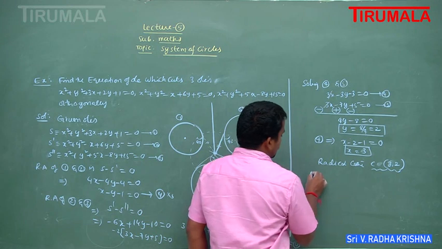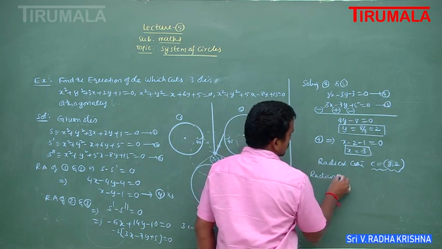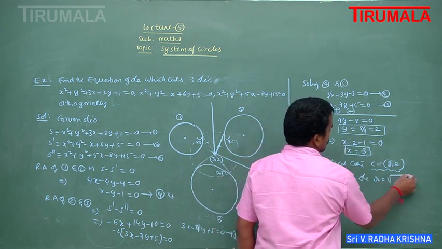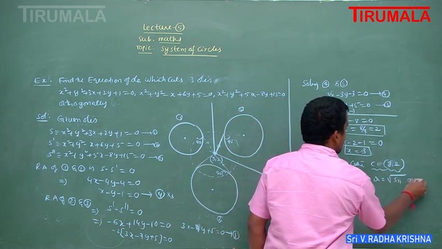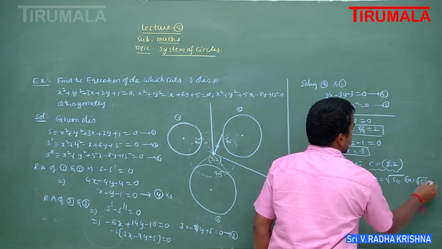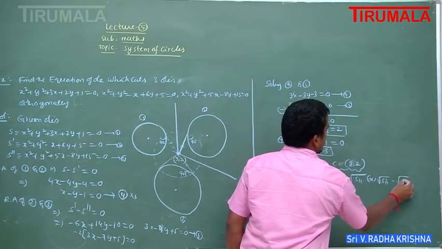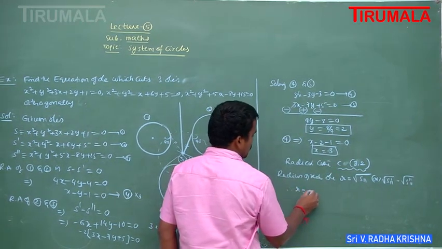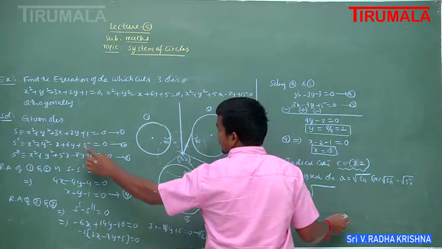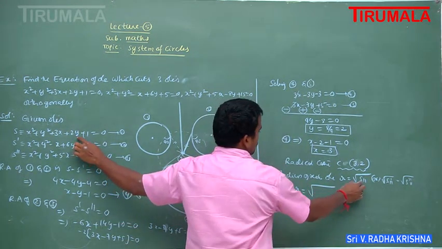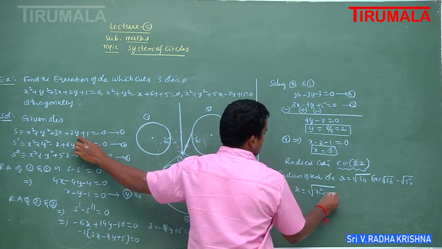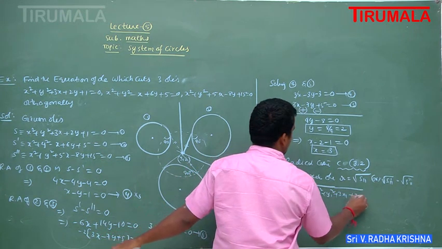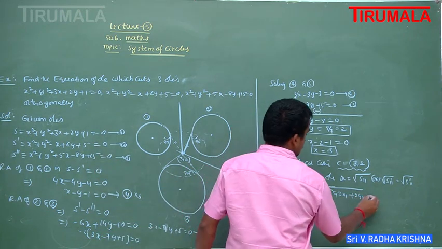So the radius of the required circle, r equal to root s11. Any one circle we can take, s dash 11 or s double dash 11, any one may be taken. So r equal to root s11, I take the first circle only. So s11 means x1 square plus y1 square plus 3x1 plus 2y1 plus 1.